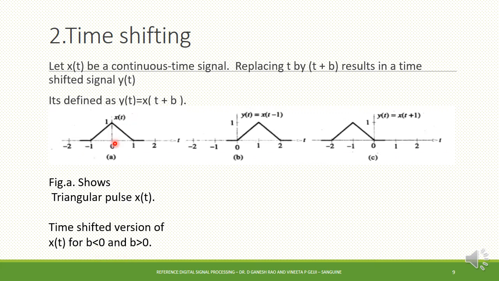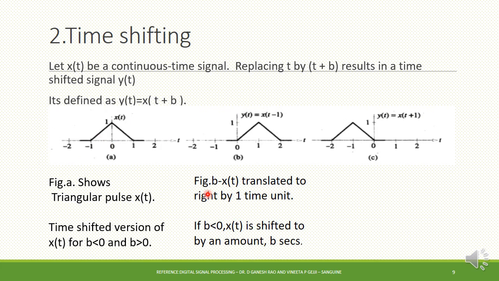Here b less than 0 is minus 1 and greater than 0 is 1. The amplitude of x of t is equal to 1. So this is our simple signal. For this signal, we will now see how you get the shifted signal.